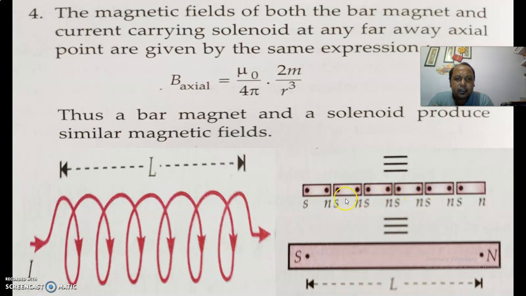So you see that the north of one and the south of the other are placed together, so they cancel each other's effect, and we are left with a single south at one end and a single north at the other end. So a solenoid is nothing but a combination of small bar magnets. So a solenoid can be considered to behave like a bar magnet only when current flows through it.